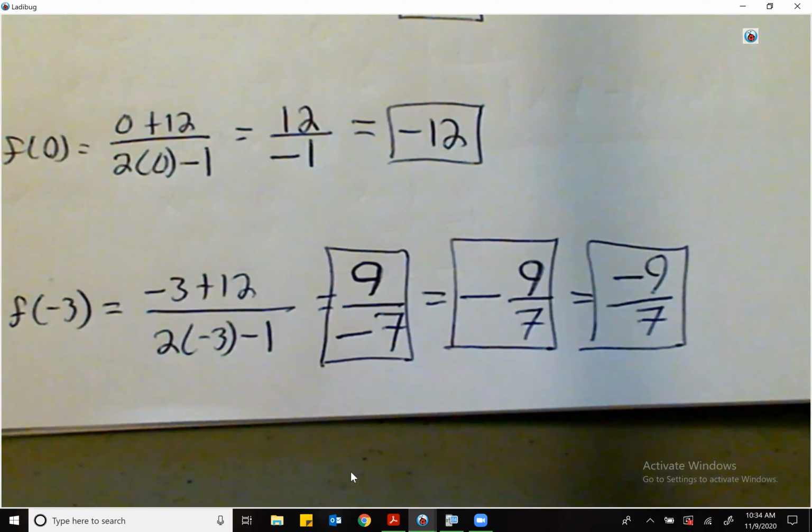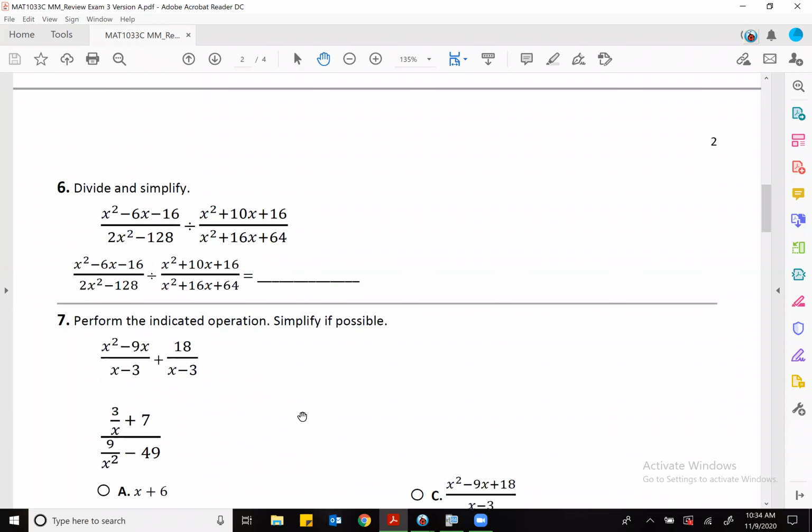So number 6. Dividing. We've got x squared minus 6x minus 16 all over 2x squared minus 128, divided by x squared plus 10x plus 16 all over x squared plus 16x plus 64.